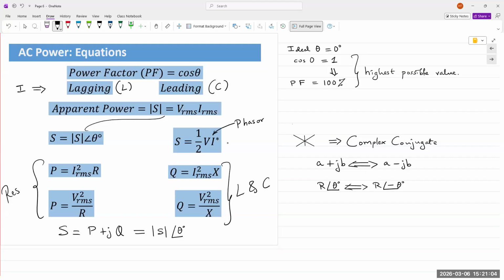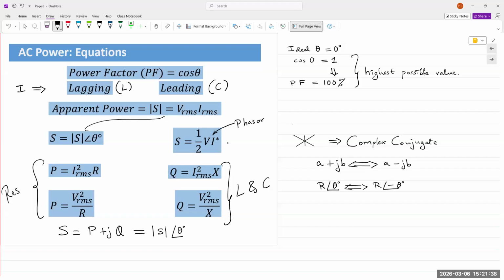So Q is I squared times X, or V squared over X. This is true for both inductor as well as capacitor. These are the forms that we're going to use. The analysis for this chapter is similar to what we learned in chapters 1 and 2, except the math is using complex numbers, and trigonometry, of course.